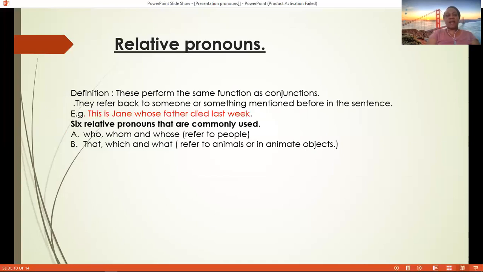Those are our examples of relative pronouns commonly used. And take note, relative pronouns will perform the same functions as conjunctions, and they will refer back to someone or something mentioned before in a sentence.